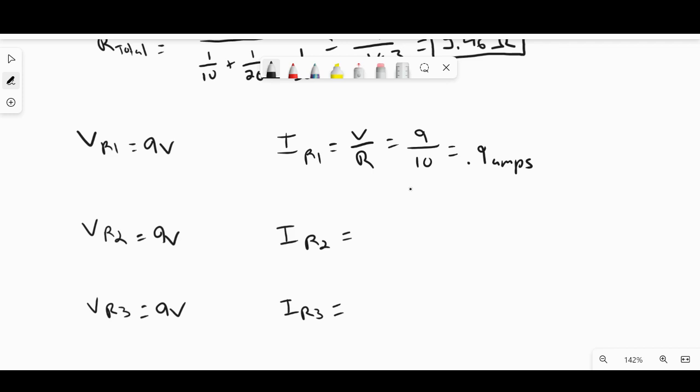I'm not going to write V divided by R because it's the same thing. In this case, we have 9 volts divided by 20 ohms, and 9 divided by 20 is equal to 0.45 amps. And one last time, we have voltage, 9 volts divided by resistance, 30 ohms, and 9 divided by 30 is 0.3.